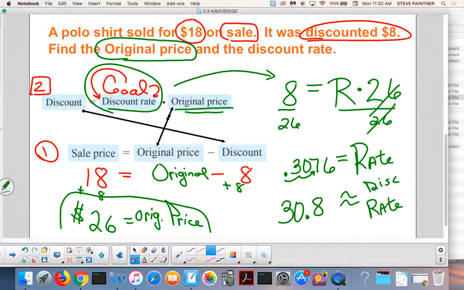That's about as close as I'm gonna get. Now, some people said 30%, some people said 31%. Which one's right? 31 is better than 30. That's a weird one. It doesn't come out nice. It comes out as a funny decimal.